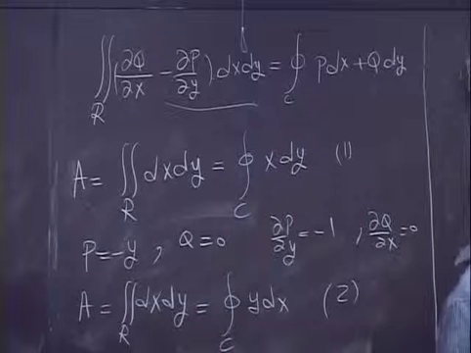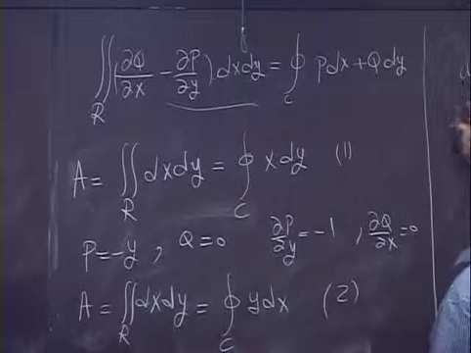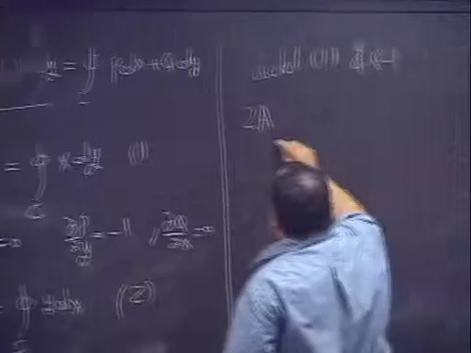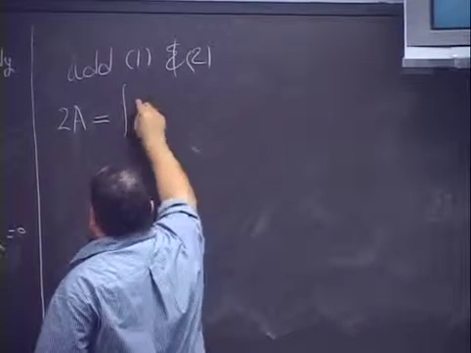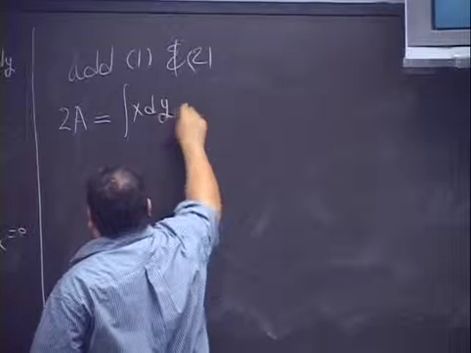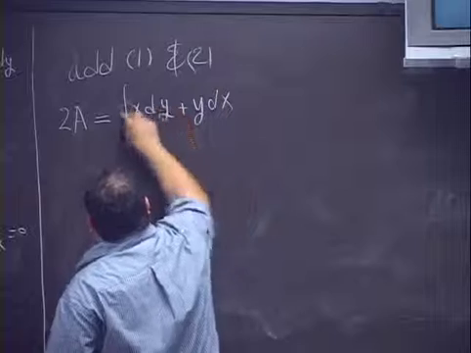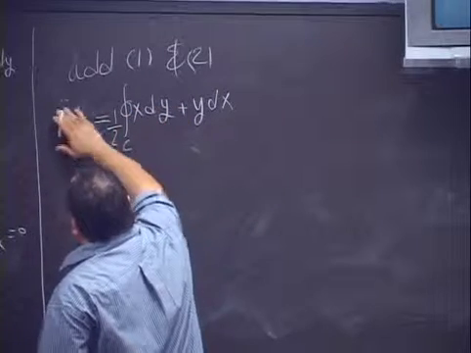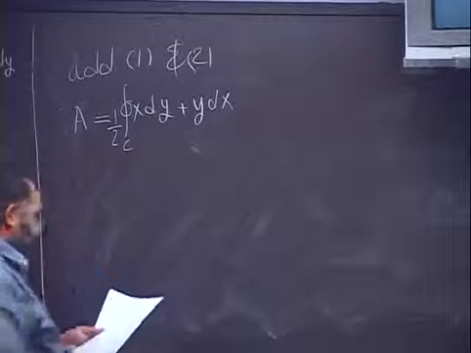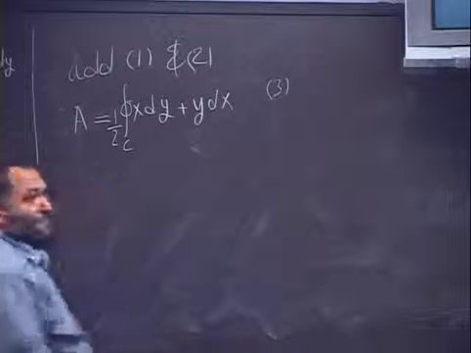If you add 1 and 2, you will get 2A equal to the closed contour integral of x dy plus y dx, or the area simply will be half of this. I will call this equation 3.